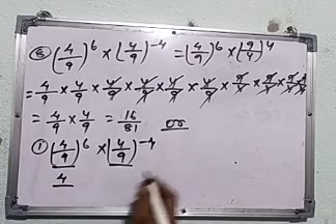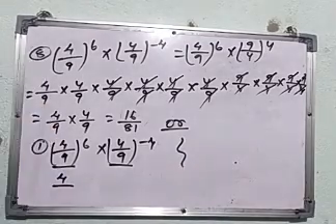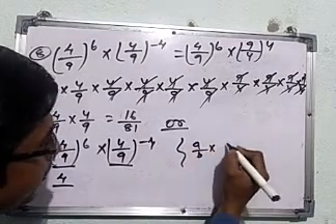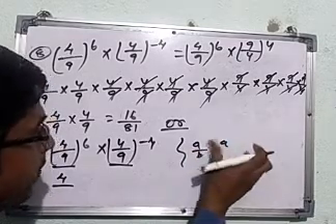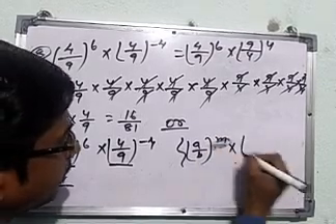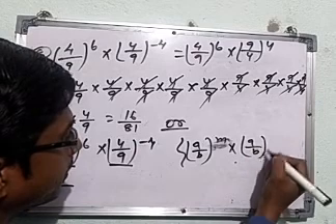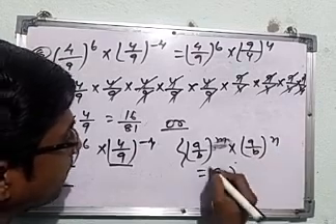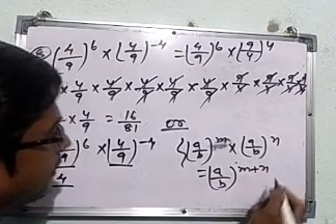So you learn in the law of exponent a by b power m into a by b power n equals a by b power m plus n.